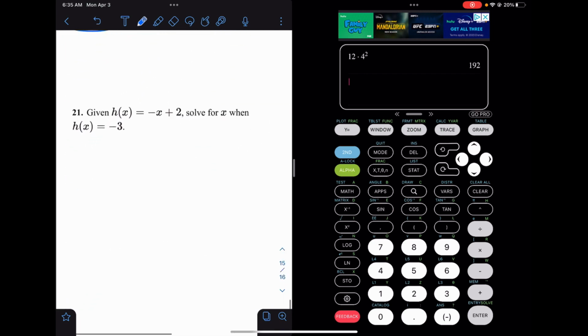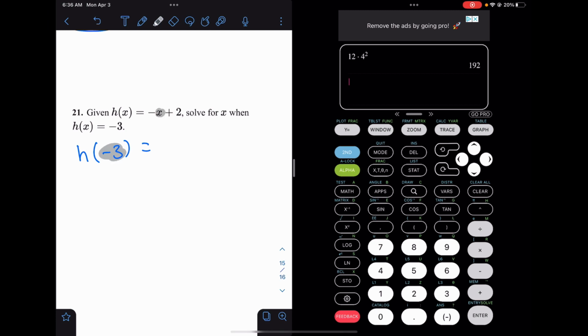All right. Now, this next one. It says, given that h of x is equal to negative x plus 2, solve for x when h of x is equal to negative 3. It's important that you know when they're giving you your output and when they're giving you your input. If they had said h of negative 3 equals, and you have to find h of negative 3, then I would take a negative 3 and plug it in for x.